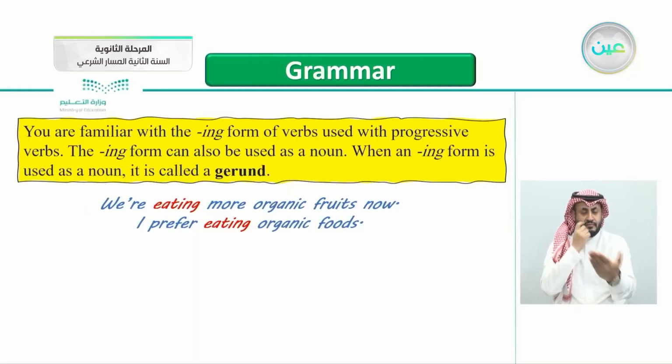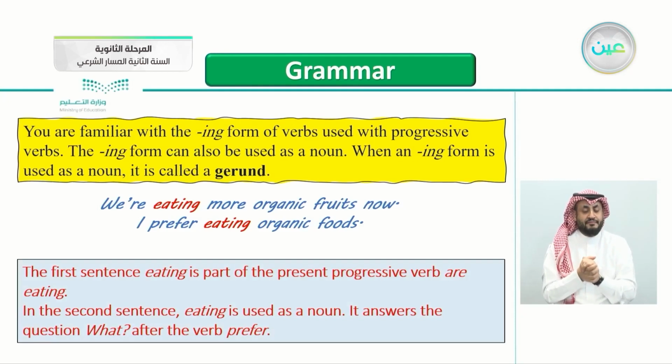For example: we're eating more organic fruits now. And the second example: I prefer eating organic foods. In the first sentence, eating is part of the present progressive verb, are eating.